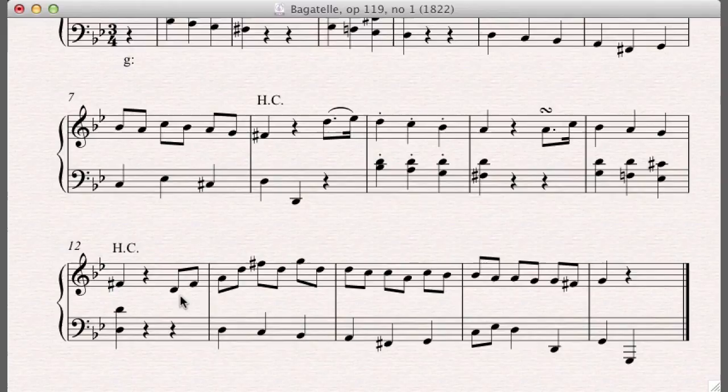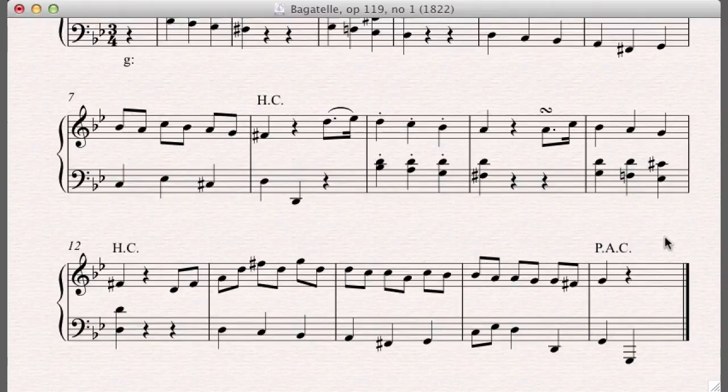And then we look at this and say, well, it's more or less like the second phrase, but we don't get a half cadence. We get 5 to 1. Both are in root position, and this note is a tonic, so we get a perfect authentic cadence.